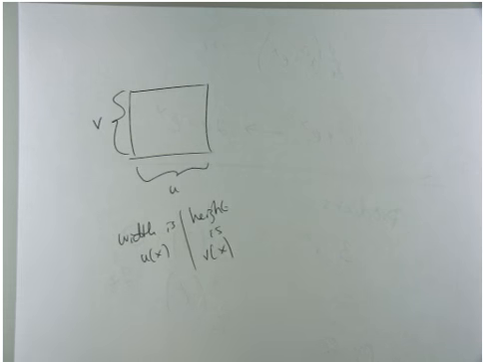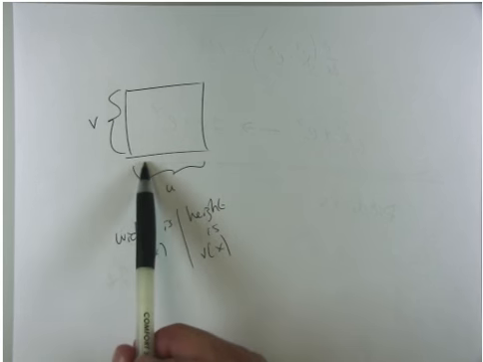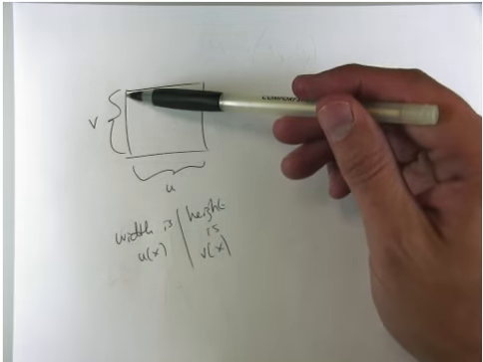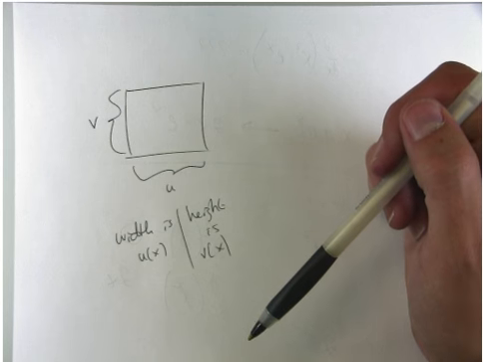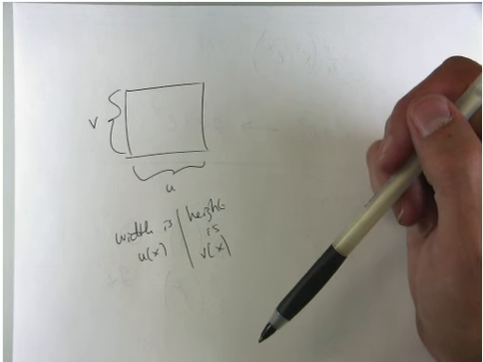So you give me a value of x, and each of these functions, u and v, is going to determine some characteristic of this box. And then I would have the box. So you say x is 2, and I say, okay, well then u is going to be 4, and v is going to be 3. They need not be the same thing, but they'll both depend on x in some way.